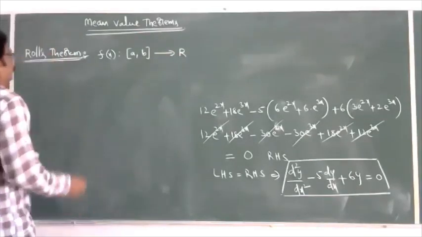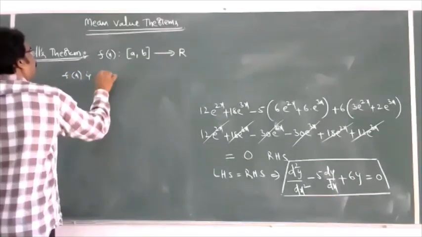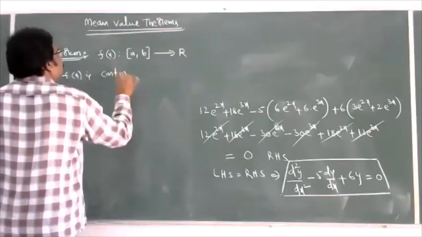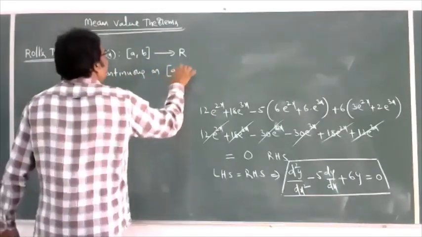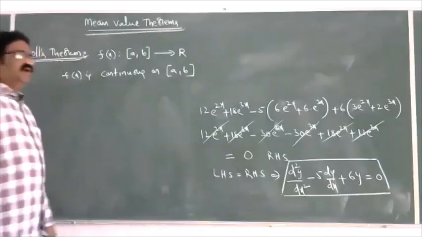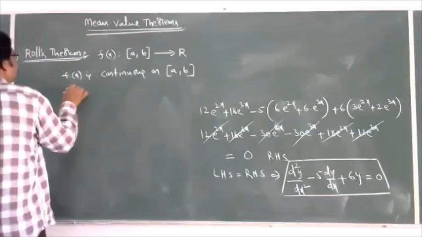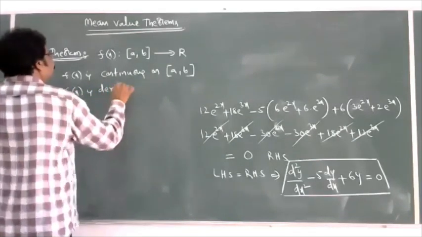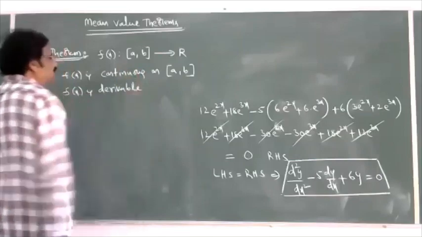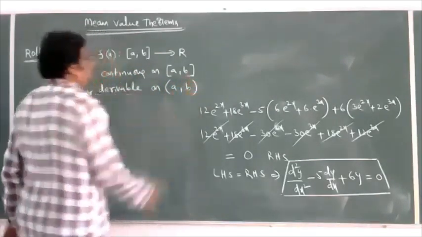Then f of x is continuous on closed a comma b, and f of x is derivable on open a comma b.